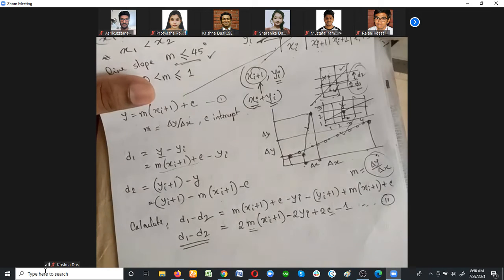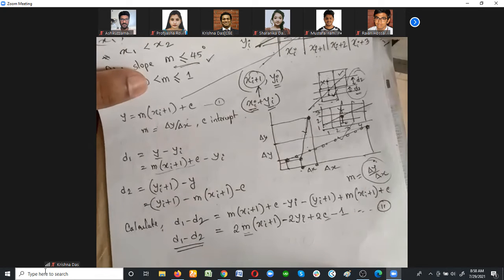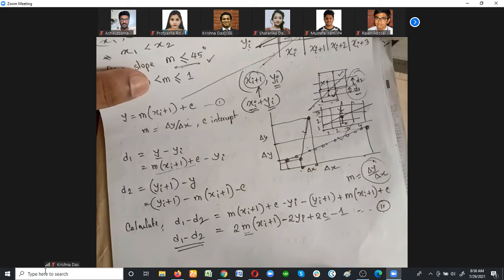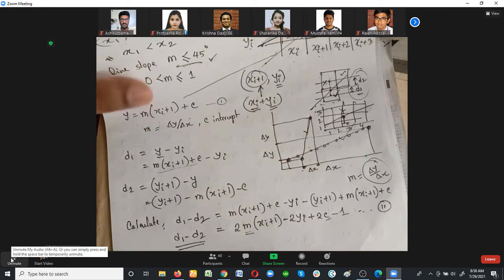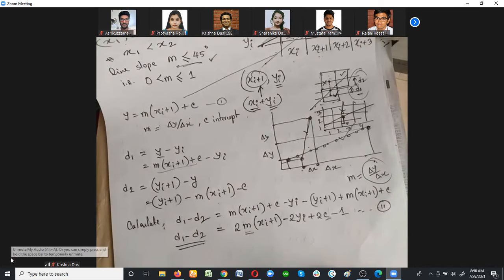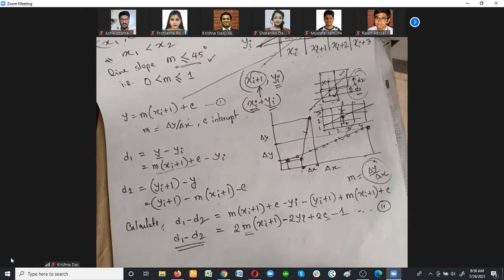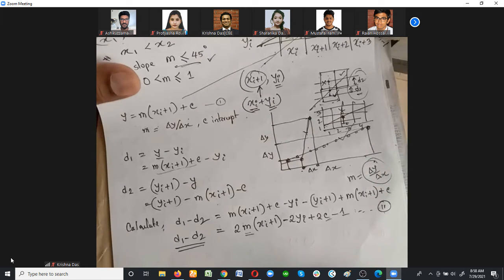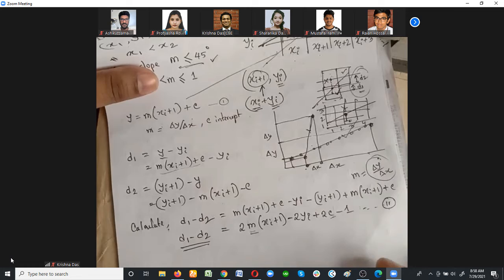Yes, Minhaj? Sir, we can round the number. That could be later, but in the equation, to avoid the fraction, usually what can we do? Sir, multiply by a number.